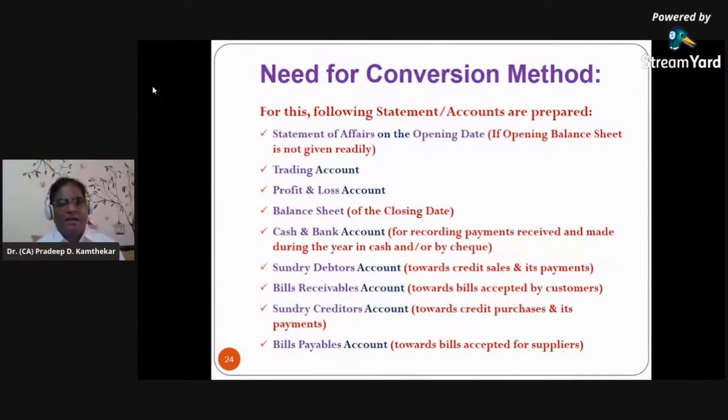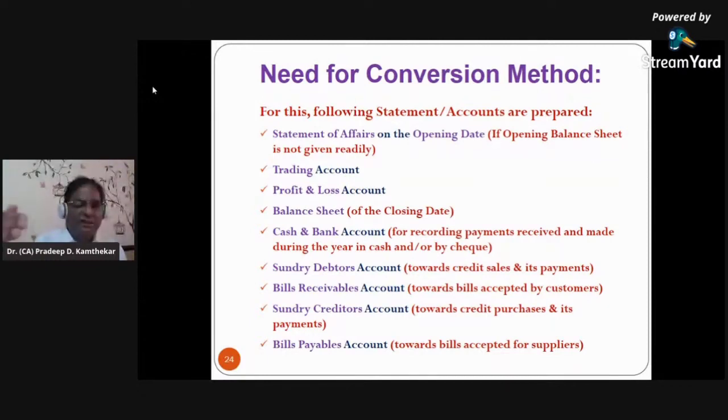Now, why the need for the conversion method again? In this conversion method, what we prepare is a big list, but if you understand each and everything, and certain things you are well versed in as you have dealt with them in FYJC and SYJC, certain things are new, but they are very, very easy and not at all difficult.